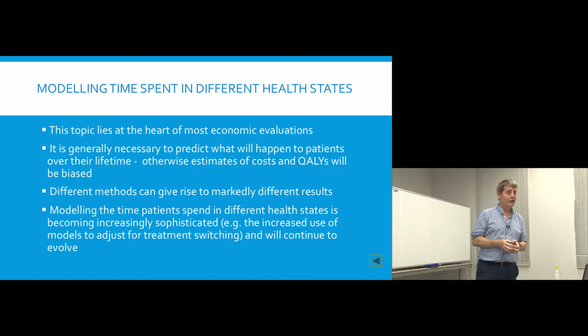This was a particular issue of treatment switching. You remember treatment switching was where a patient starts on one particular treatment, but possibly when the disease progresses, they switch to the other treatment that's involved in the trial.